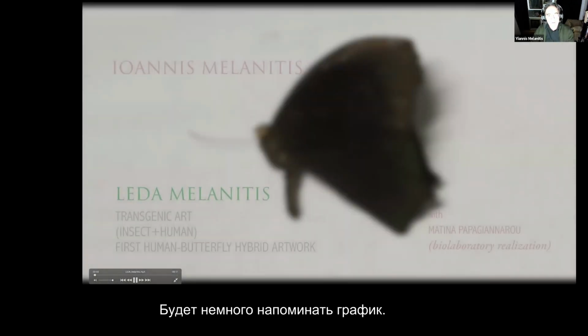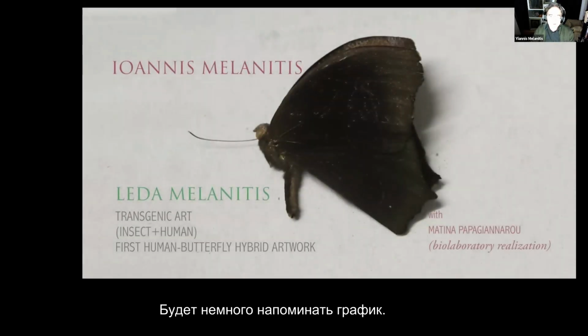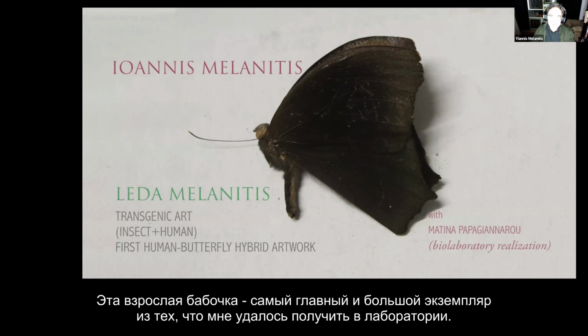It's a little like a small timetable. This is the adult butterfly, this is a male one actually, the biggest one that I achieved to have in the lab after the procedure.